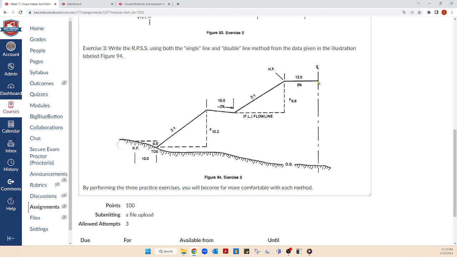Now, if you wanted to get from here on a single line to here on a single line, you would have to say fill 10.2.